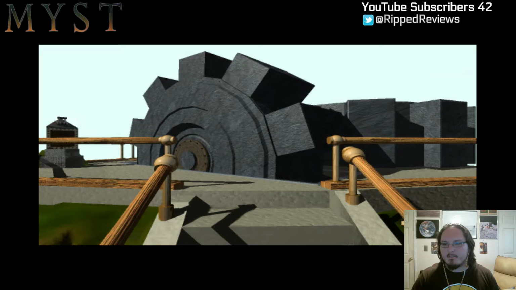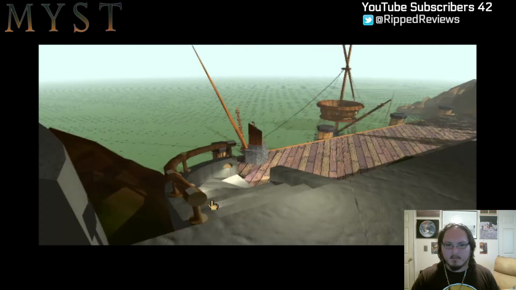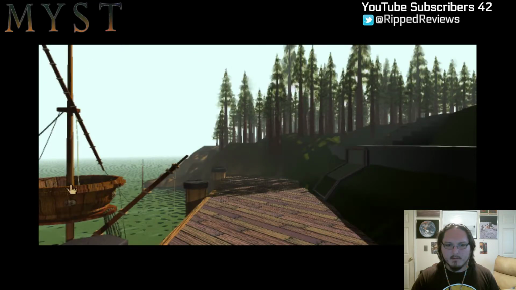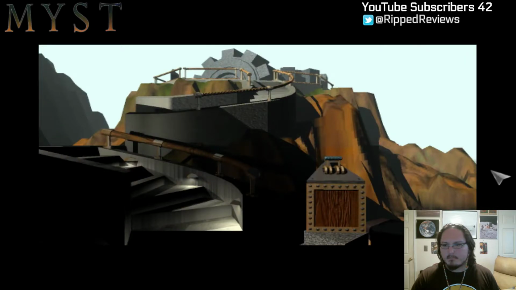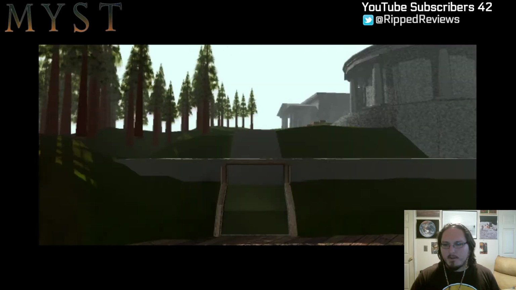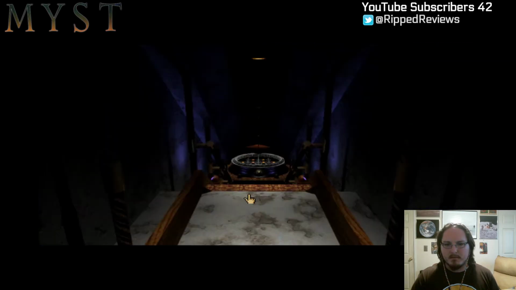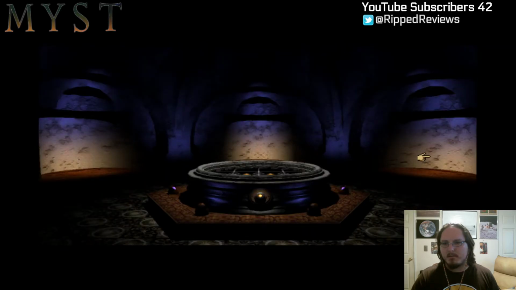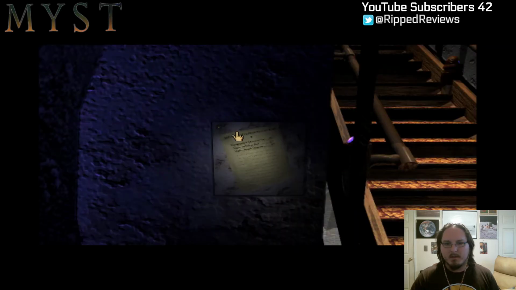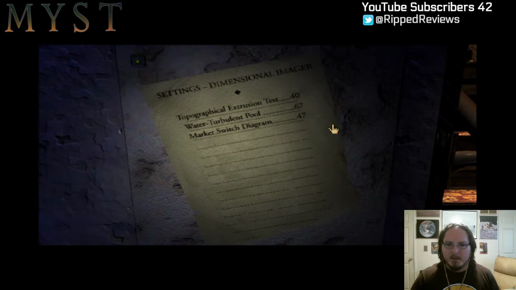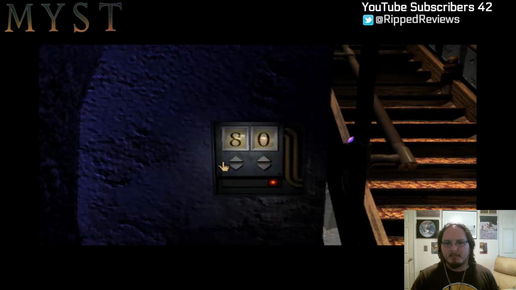Yeah, that one's in the on position. So if we go in here, we've got this marker switch diagram, 47.